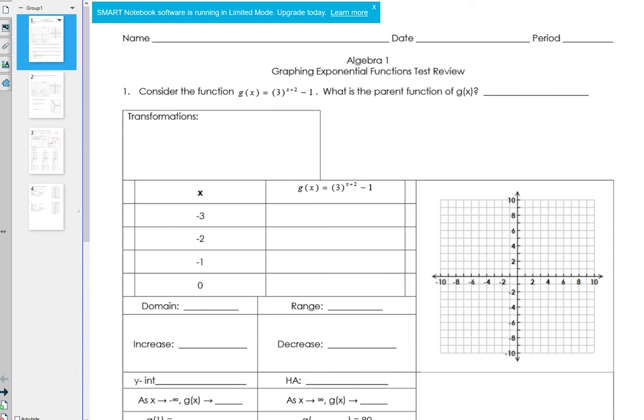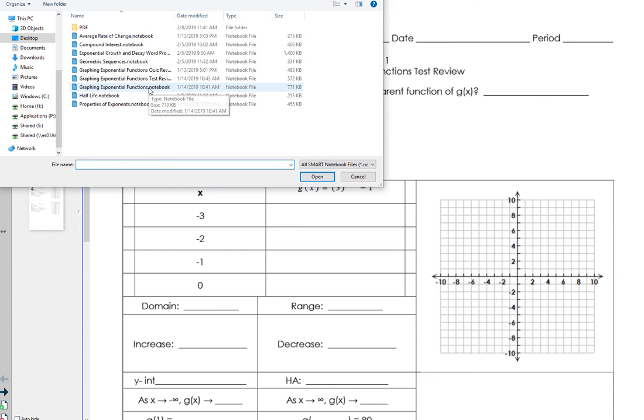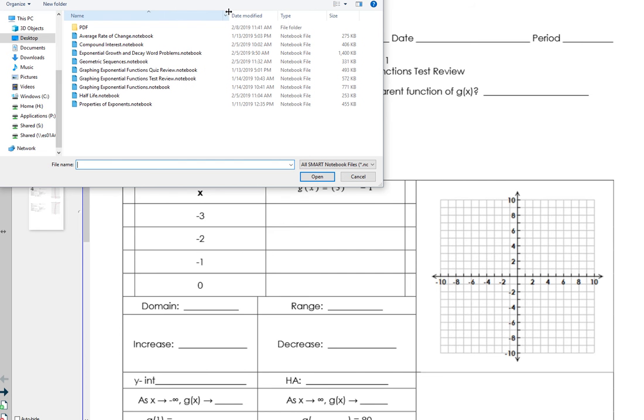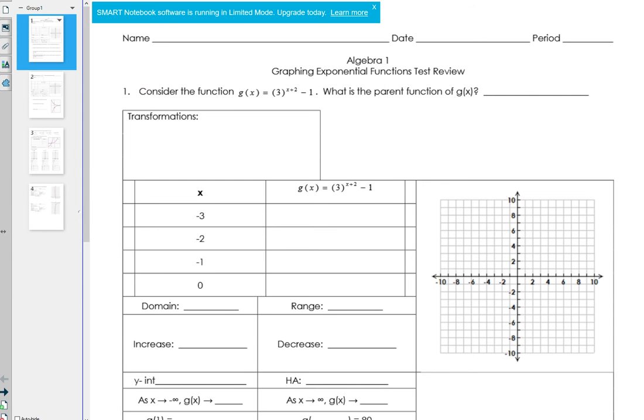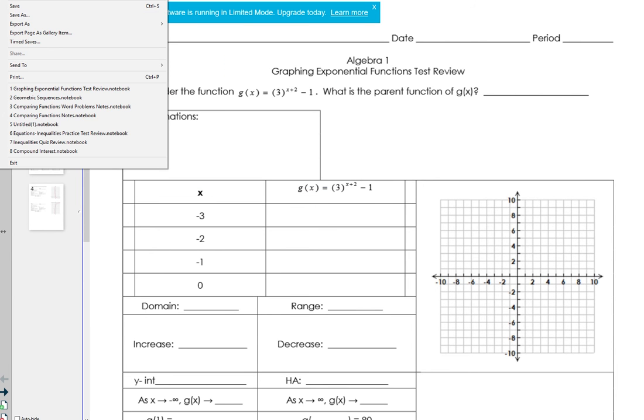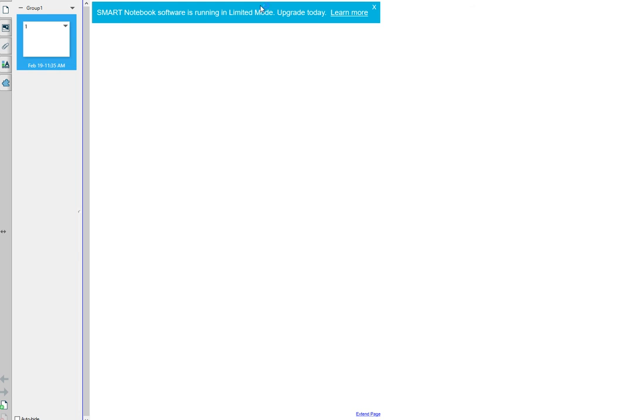This is the last one. Do I not have this? Oh. Where to put this?